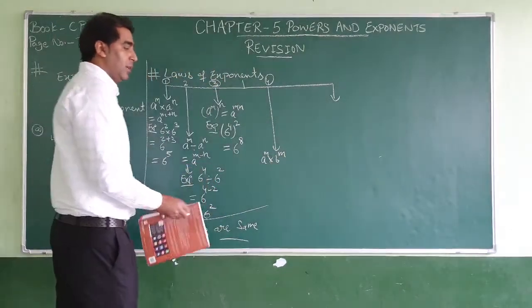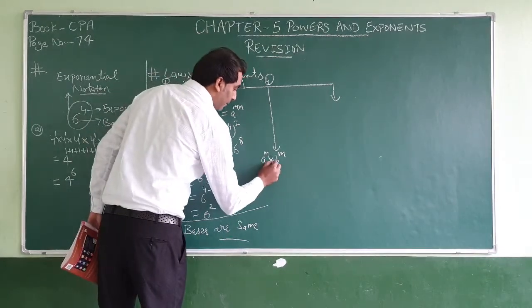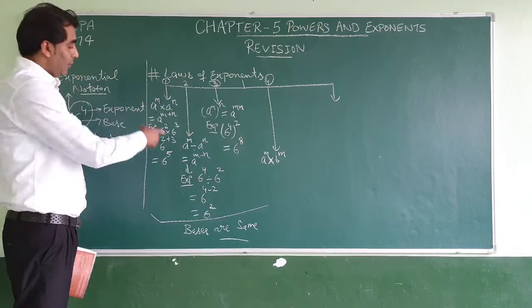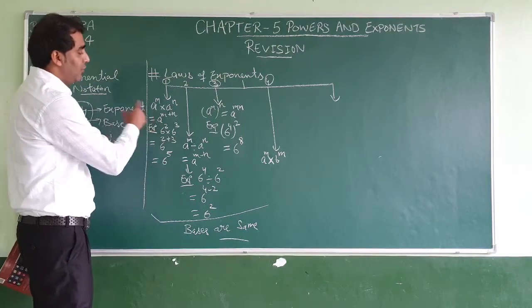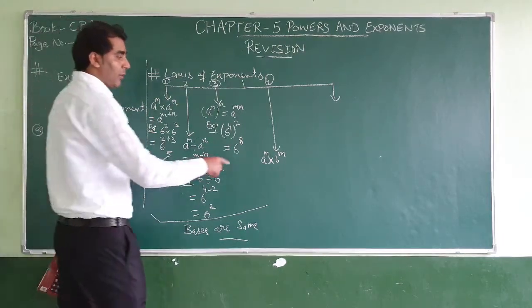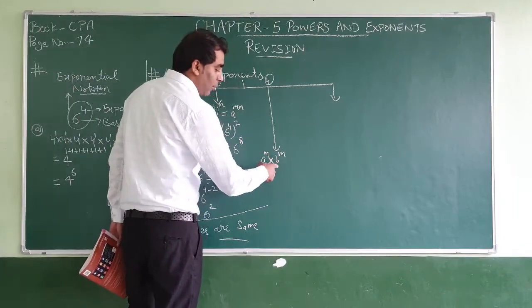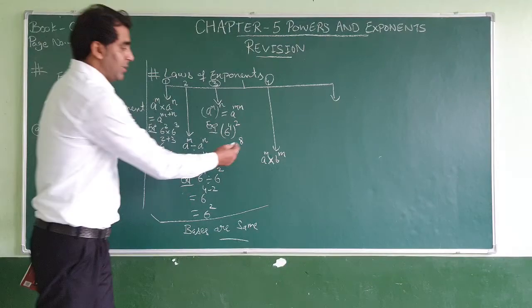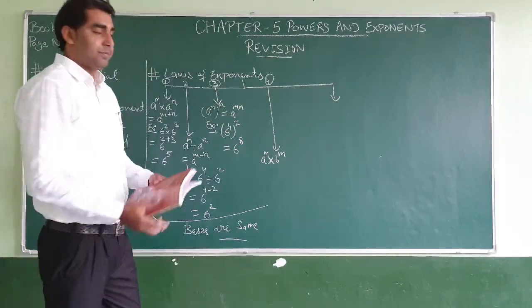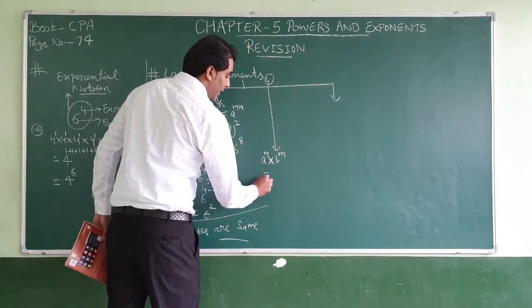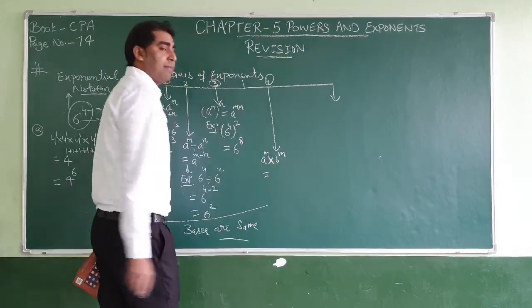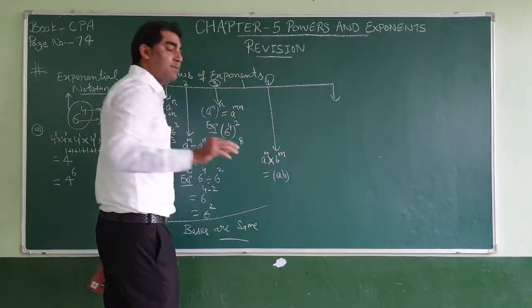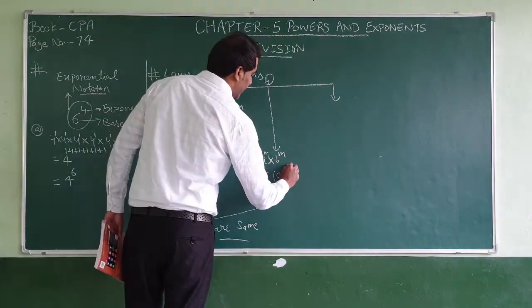Here it is multiplication, but the bases are not the same. In the first law the bases were the same. Now the bases are not the same but the exponents are the same. So we multiply the bases, a b, and the exponent is written one time, n.